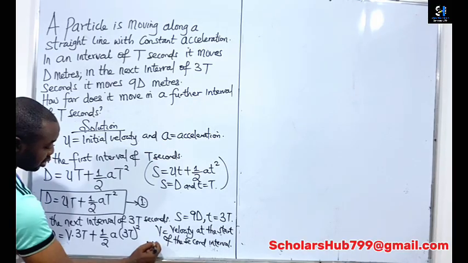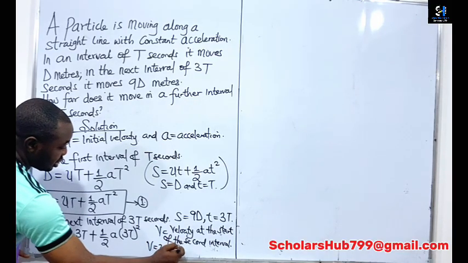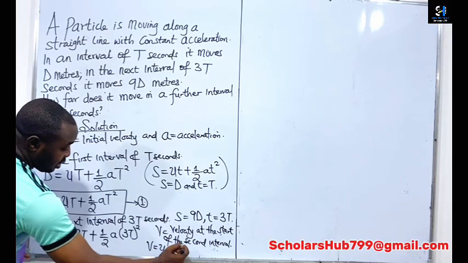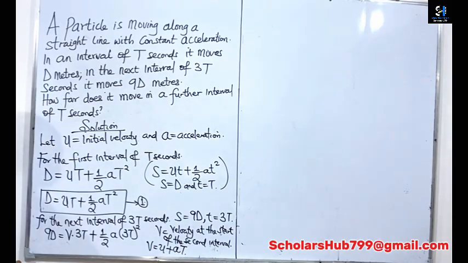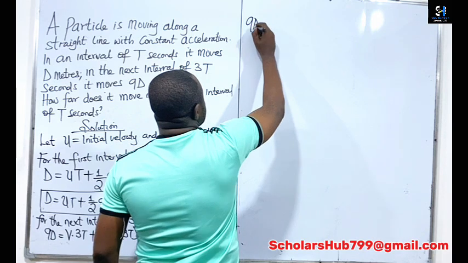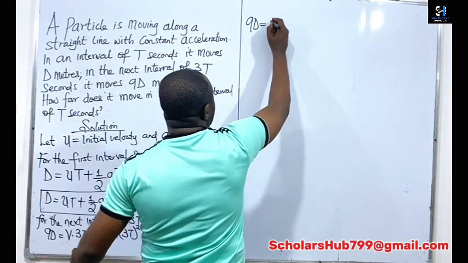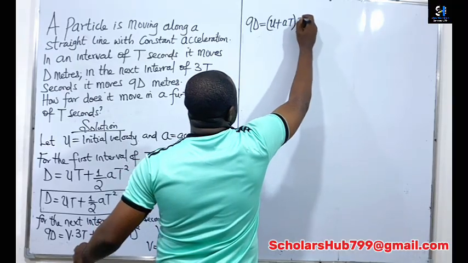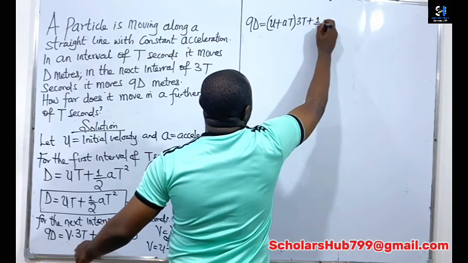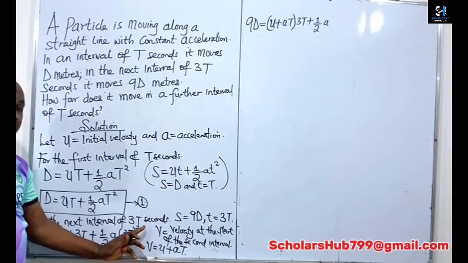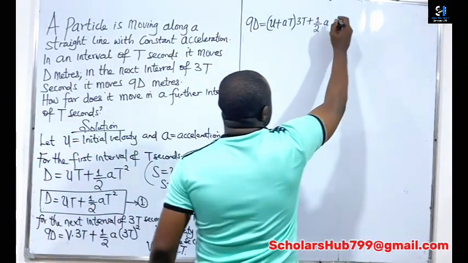So v will be equal to the initial velocity u plus a multiplied by time t. In this case, we're going to have 9d equals (u plus at) multiplied by 3t plus 1/2 of a times (3t) squared, which is 9t squared.